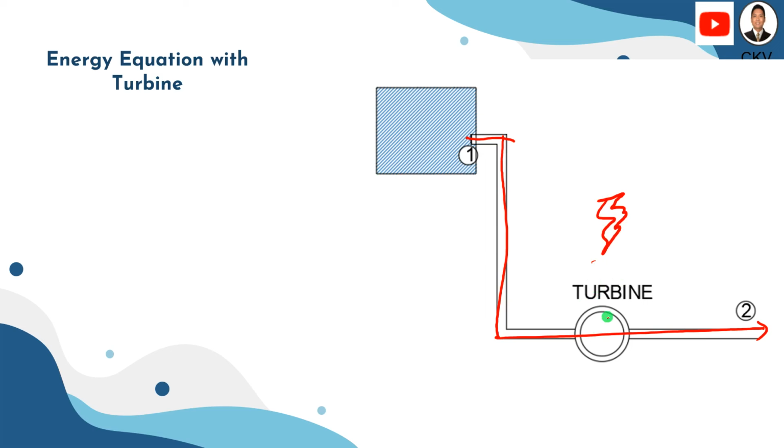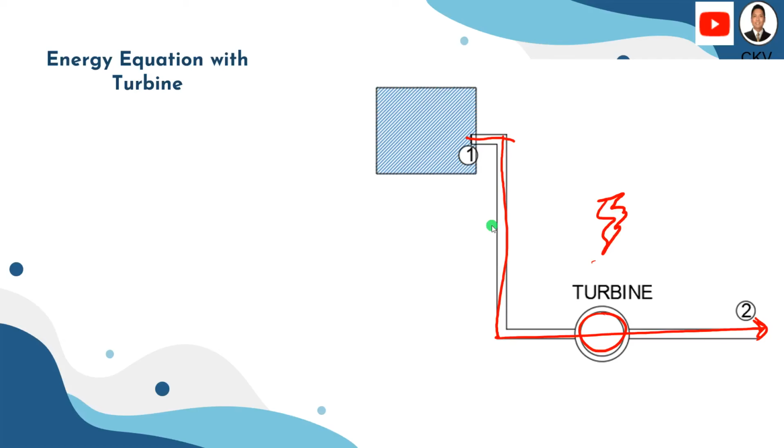So the purpose of a turbine is for us to generate electricity. Usually turbines can be found in dams or hydroelectric power plants.